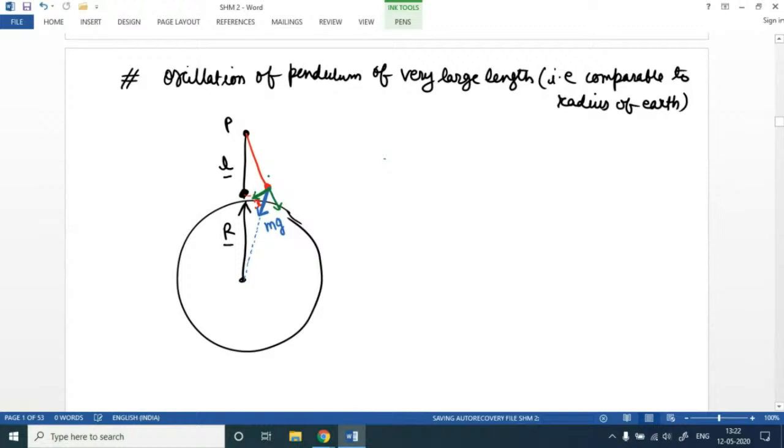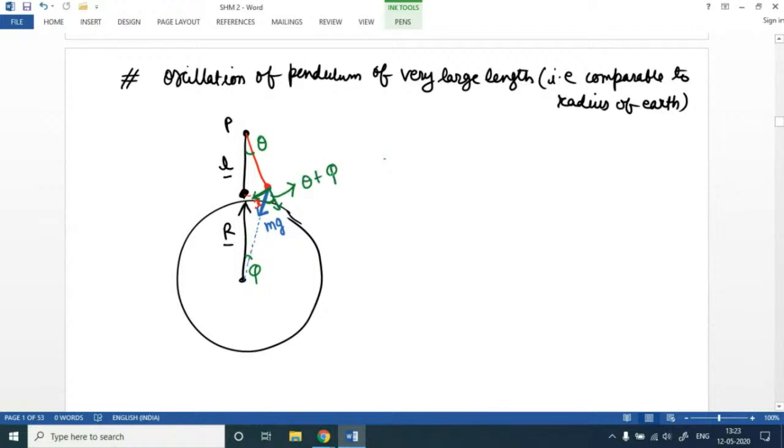In order to do that, you should realize how much this angle is, so this angle is not equal to this angle right now. Let's say this angle is theta, and this angle is phi. This angle right over here is the exterior angle of this triangle, so that is nothing but theta plus phi.